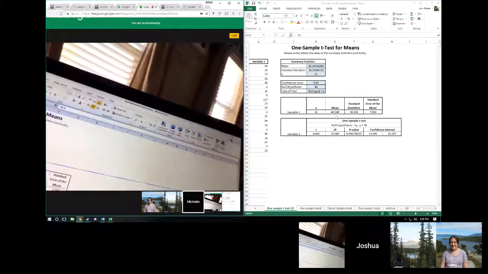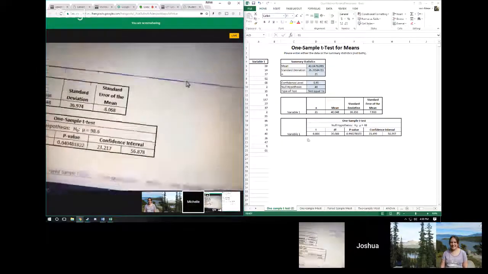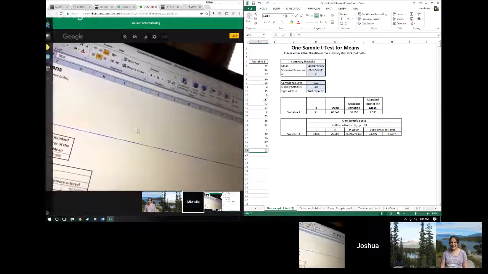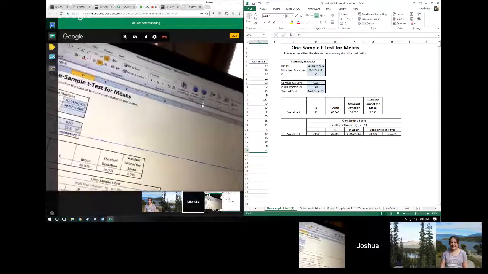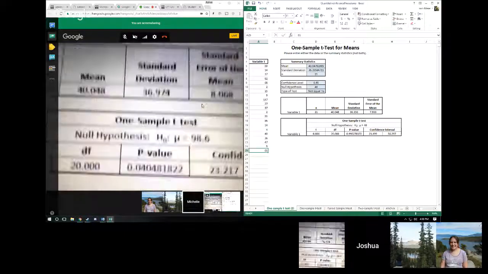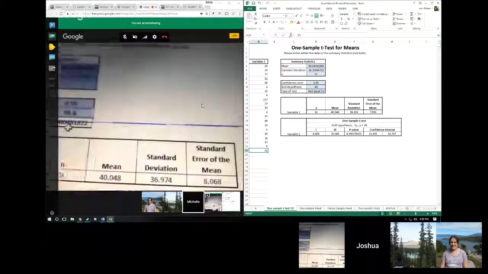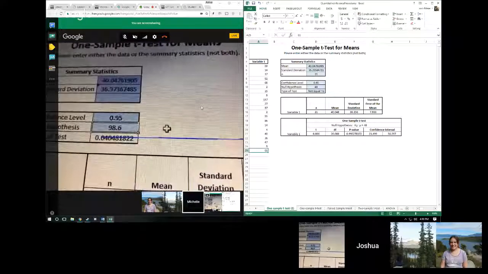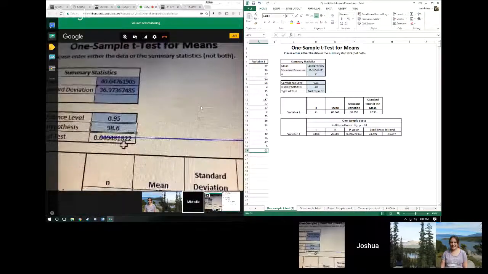I clicked on something and now I have a blue line here. Right. Oh, there, I think that's the blue line. And where it says type of test, mine says, whoa, right there. Oh, it says the p-value. That's weird.